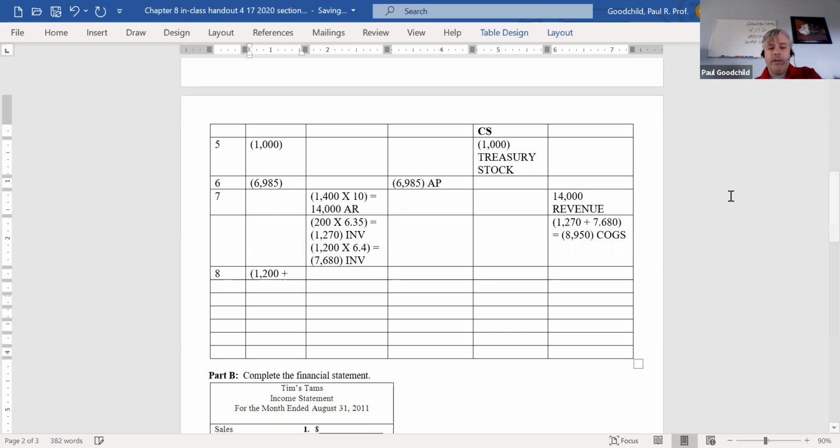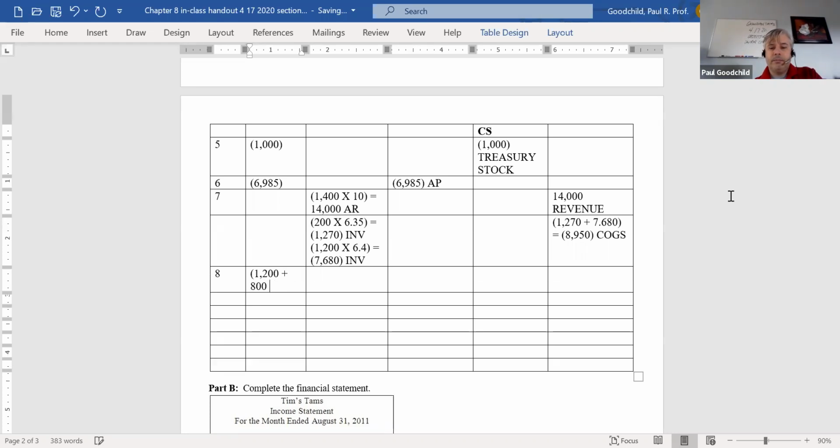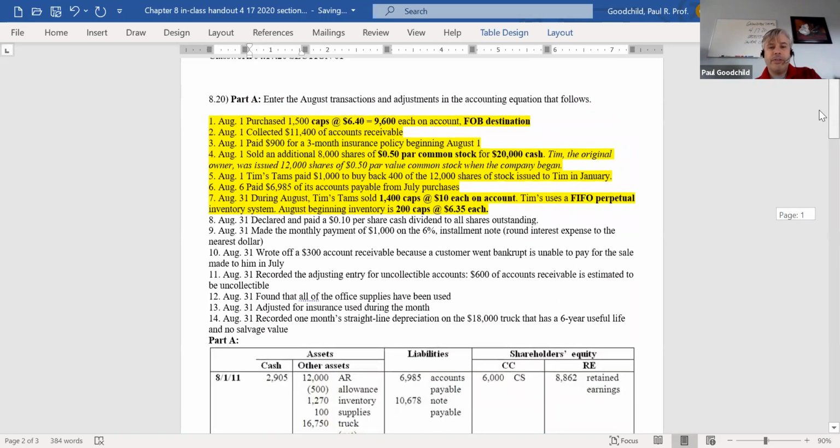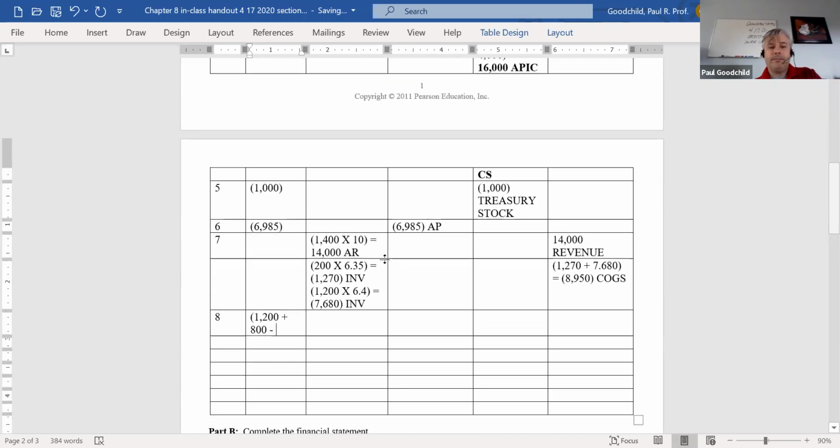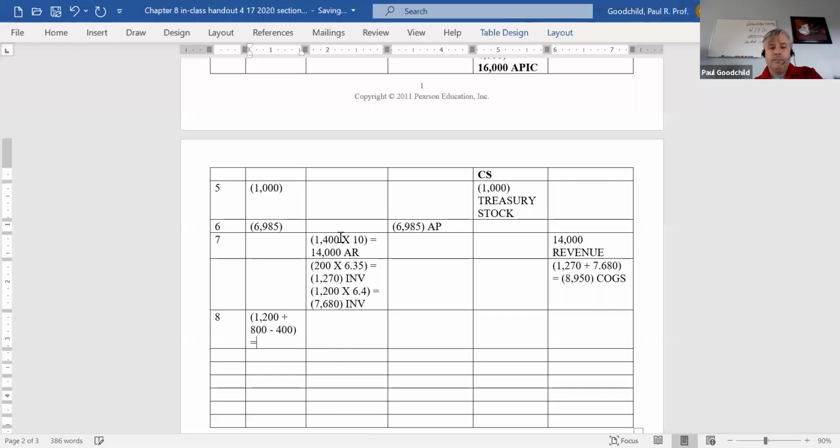We added another 800, and then we repurchased, I think it was 400 in treasury stock. And so that gives us 1,600 shares outstanding.